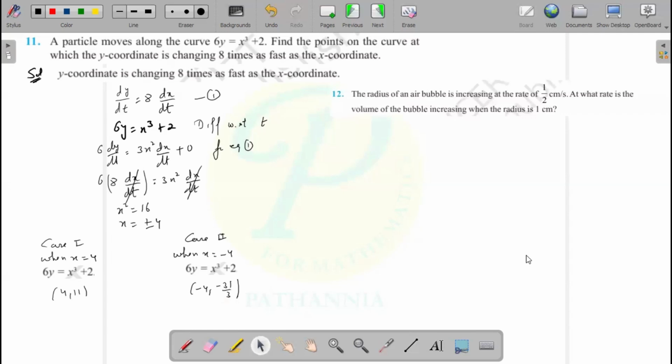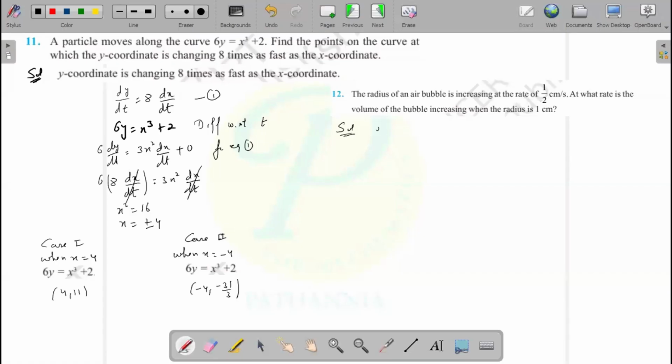क्या गिवन है 12th में आपके पास? Radius of an air balloon is increasing. Radius r is increasing with respect to time है, ये आपको क्लियर हो गया होगा, सेंटीमीटर पर सेकेंड. At what rate the volume of the bubble is increasing? 4/3 pi r cube. And when you differentiate it with respect to the time, the differentiation is 3r square and the differentiation of r is dr upon dt.